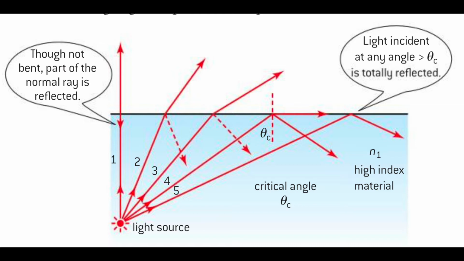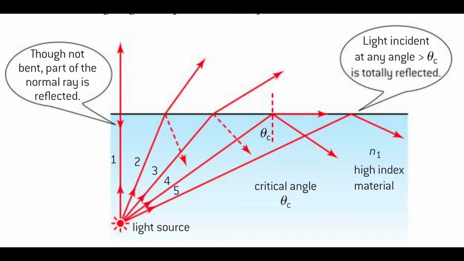So if you look at the diagram that's shown here and you look at line 1, line 1 is exiting the substance into the air, but it's perpendicular to the surface of that substance. And so theta 1 ends up equaling 0, and so theta 2 also equals 0.